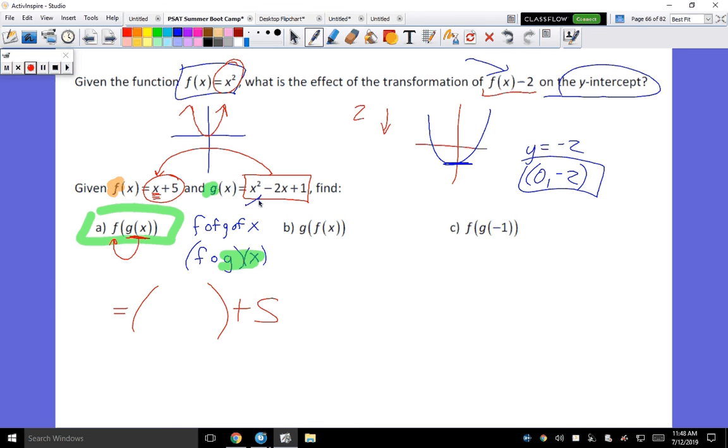And now all we have to do is insert what we got from G of X. So my final answer of this two-step process is x squared minus 2x plus 6.